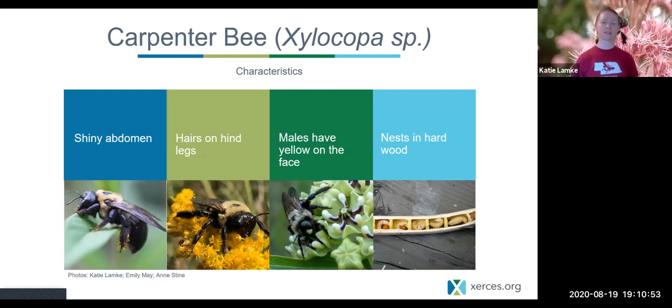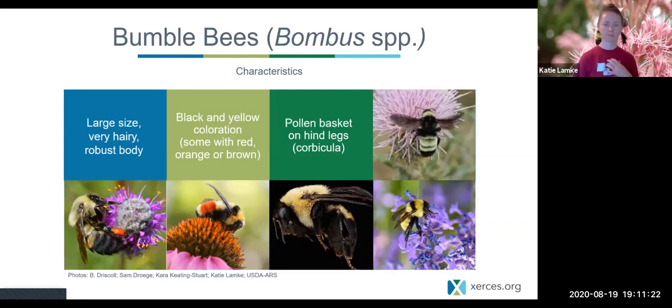Another thing that you'll see is that males of these species have sort of like a mask on their face, whereas with bumblebees, all that coloration that you're going to see on the face is going to be coming from hairs, rather than the carpenter bee where it's sort of right on their exoskeleton. Carpenter bees also don't have a colony, so they actually nest in hardwoods and will have more of a linear nest that you can see in that photo there.